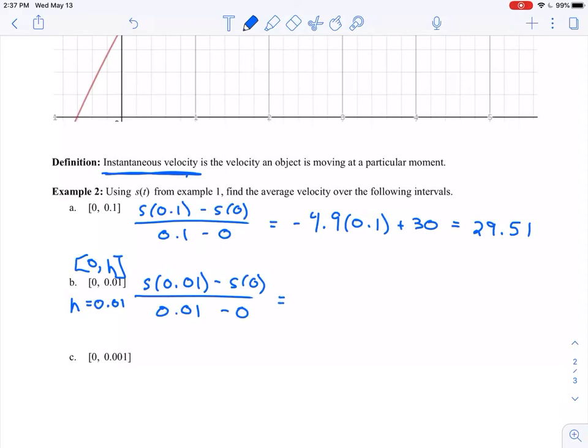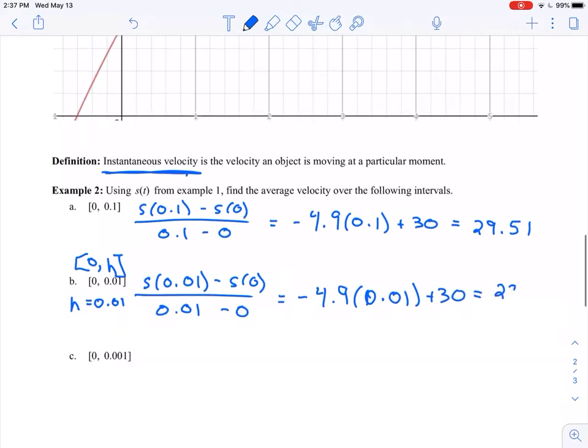So let's just take 0.01 and plug that in for h into that formula we found back in part C. Negative 4.9 times 0.01 plus 30, and in this case I'll end up with 29.951.